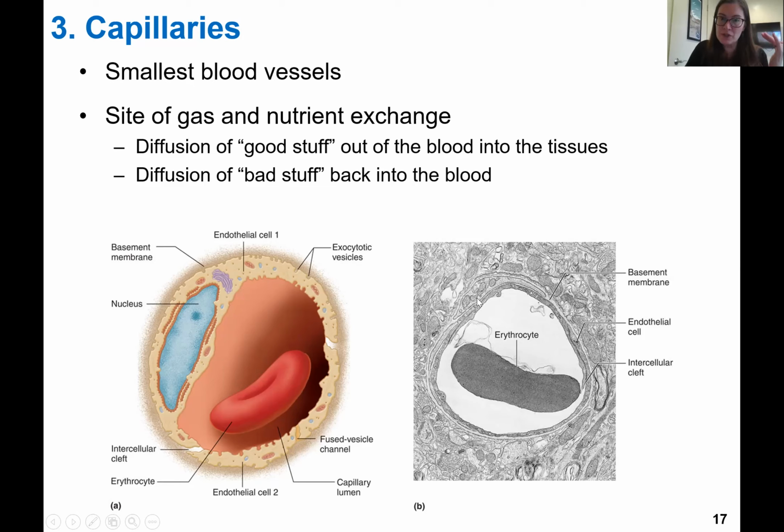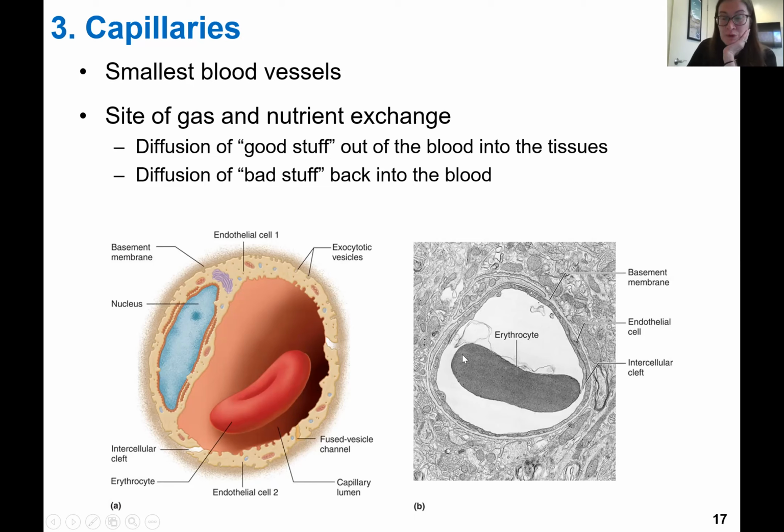You can see here, this is where the nucleus and a lot of the organelles are residing. And then mostly the rest of the walls are just going to be plasma membrane with not a lot of organelles out there. This allows for a very, very limited amount of cellular stuff in between the blood and the interstitial fluid, which makes diffusion very easy and very effective.